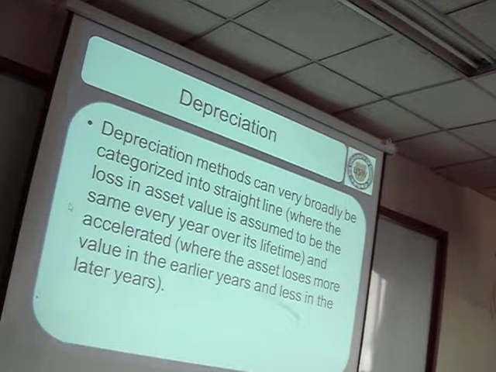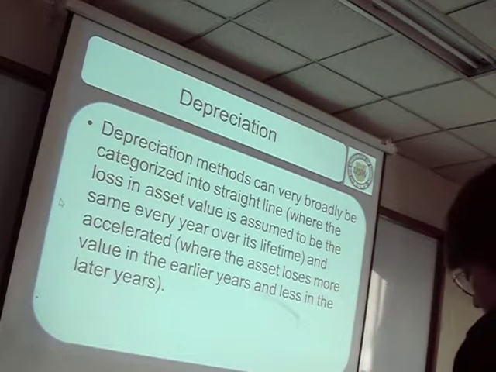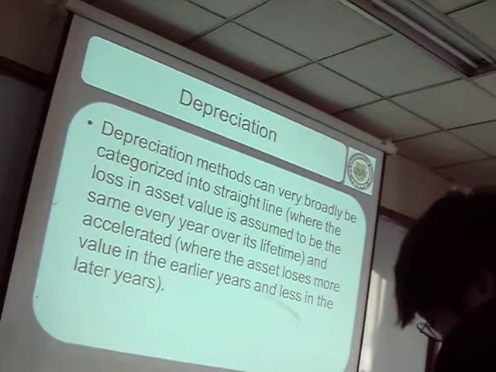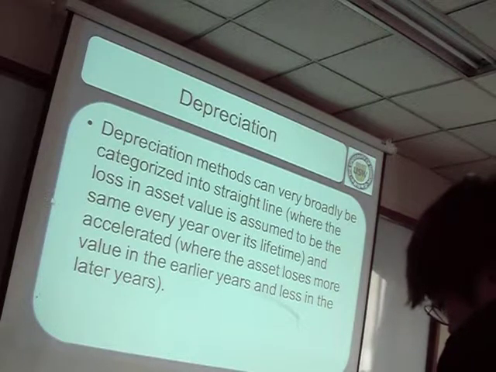Straight line says it's going to get to 8,000, so the first year it's going to depreciate to 16,000. The next year it's going to be 12,000. And the next year it's going to be 8,000. So according to this depreciation, it depreciates 4,000 every year until it gets to zero, right?